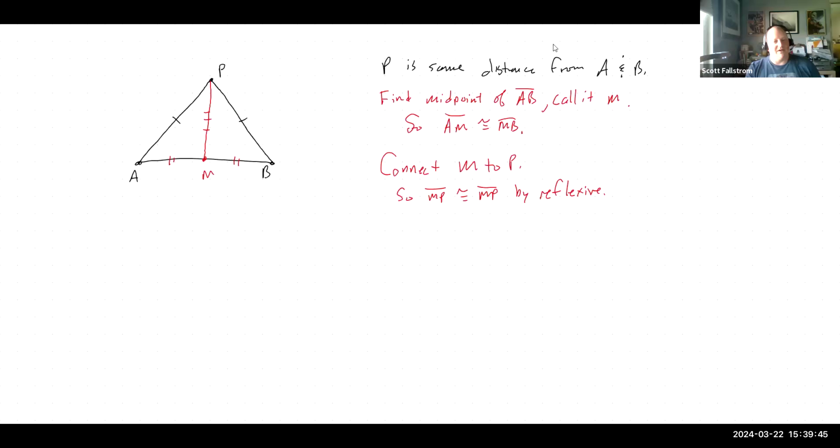I've got triangle AMP is congruent to triangle BMP, this time by side, side, side. I don't have an angle this time, but I do get that angle AMP must be congruent to angle BMP by CPCTC. The corresponding parts of congruent triangles are congruent. Let's mark that. So these two angles are the same. I don't know how big the measurement is, so I'll just call it X.